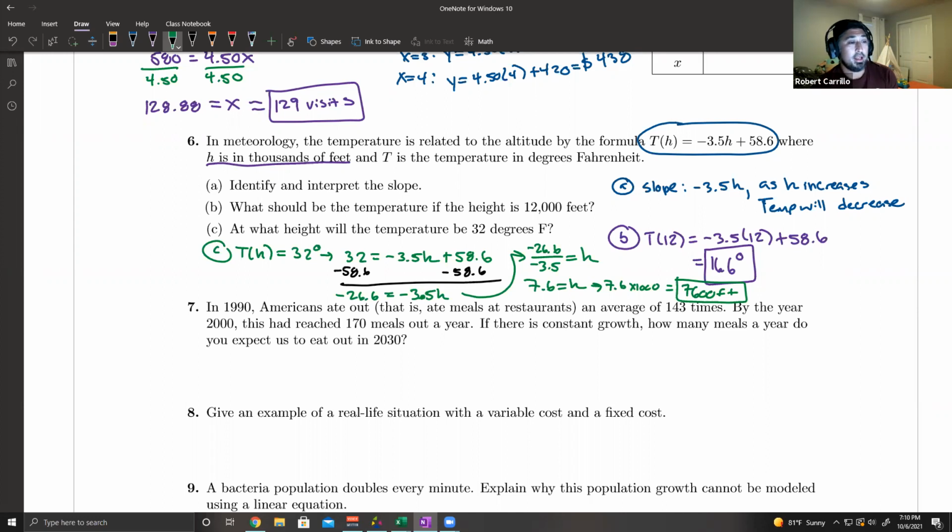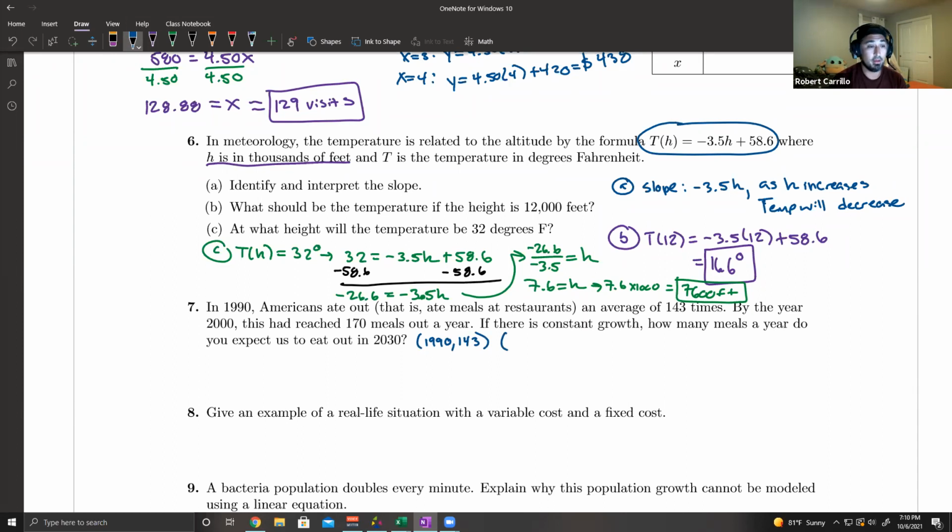So in order to figure that out, well, we have to figure out the constant growth. How much are people eating at restaurants every year? So what they're actually giving us is 2 points. So if we write this down, the first point is that in 1990, Americans ate an average 143 meals at restaurants.